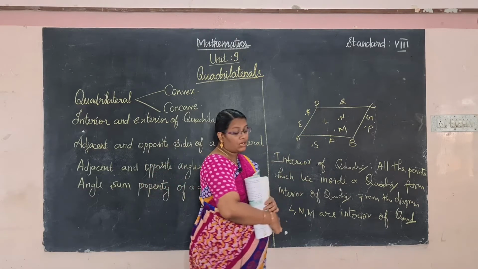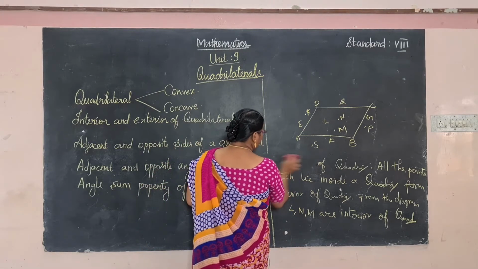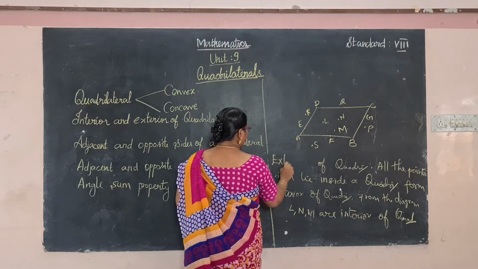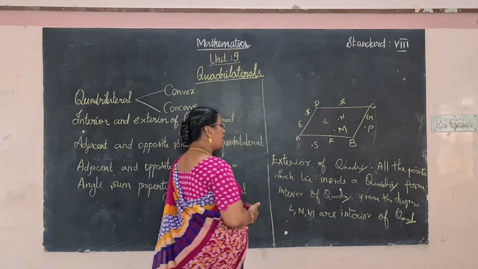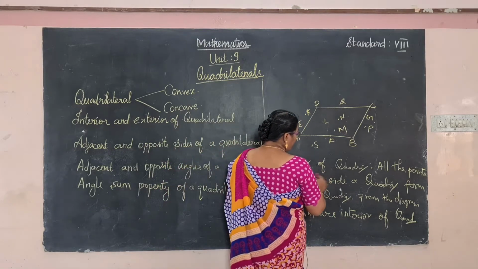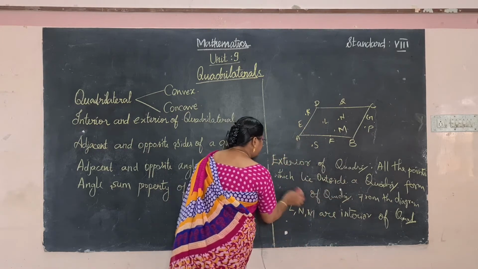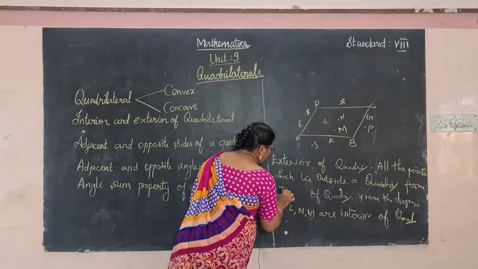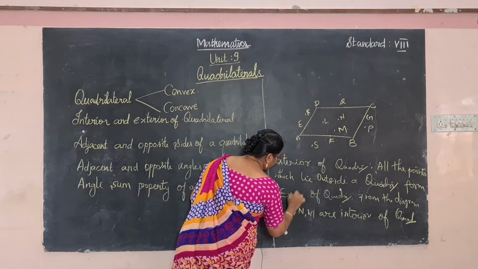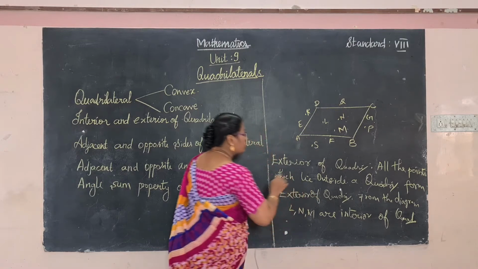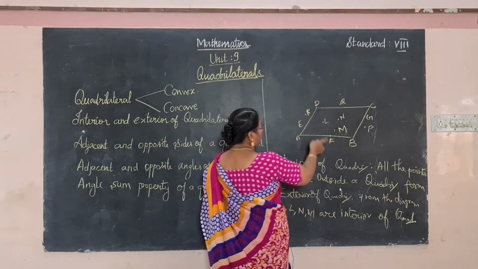And next one, exterior of the quadrilateral. Exterior of the quadrilateral means all the points which lie outside a quadrilateral form the exterior. From this diagram, which are the points that are exterior?